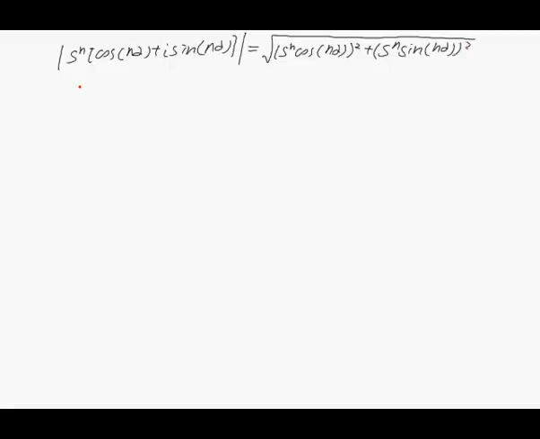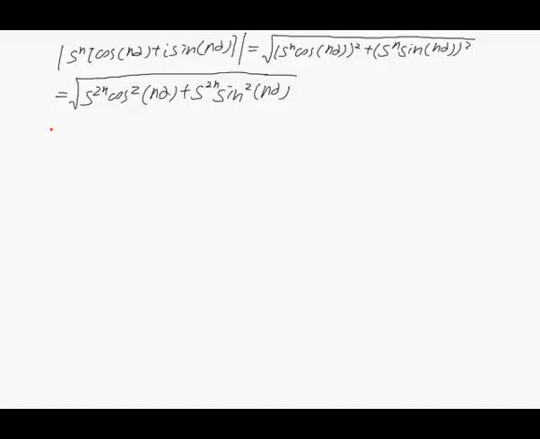So this is equal to s to the 2n times cosine squared of n alpha plus s to the 2n times sine squared of n alpha.